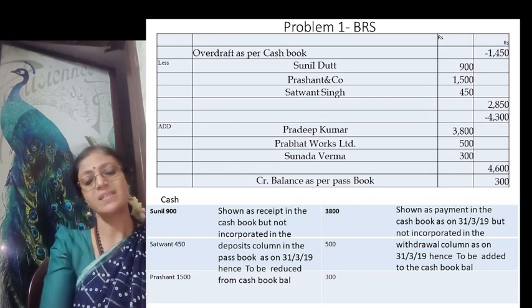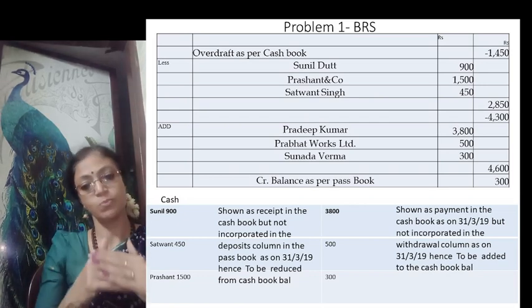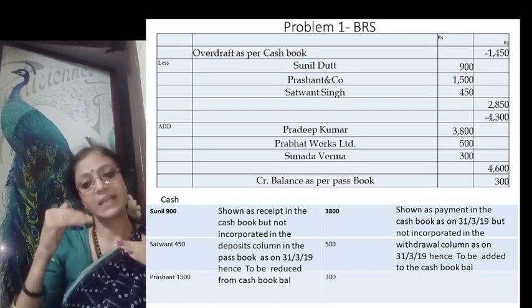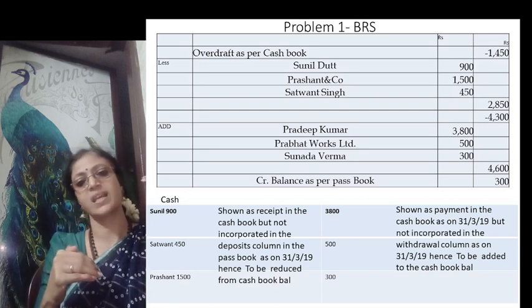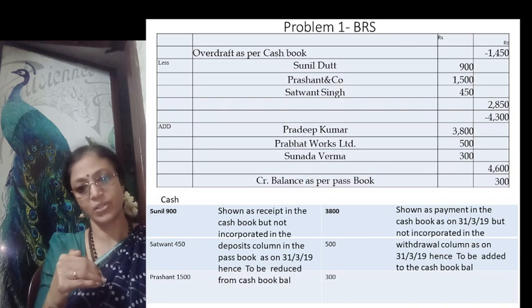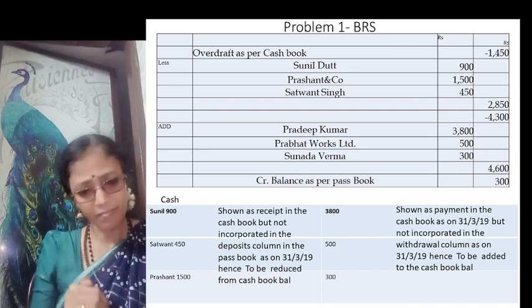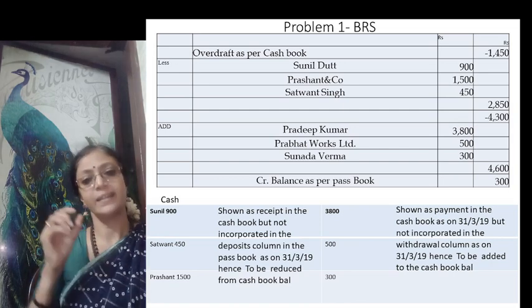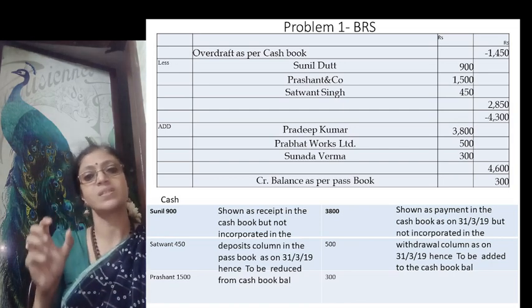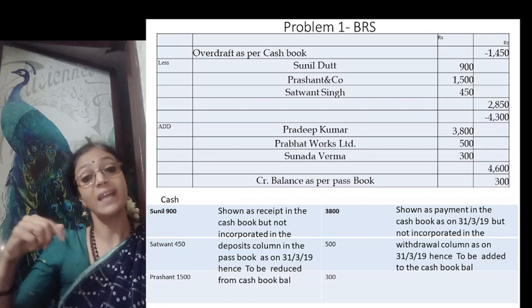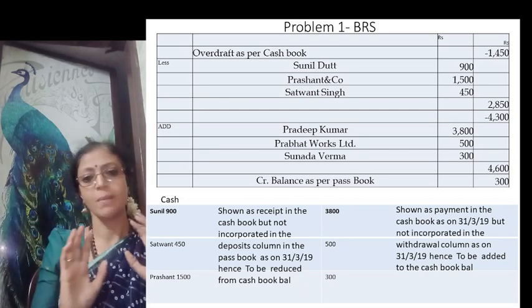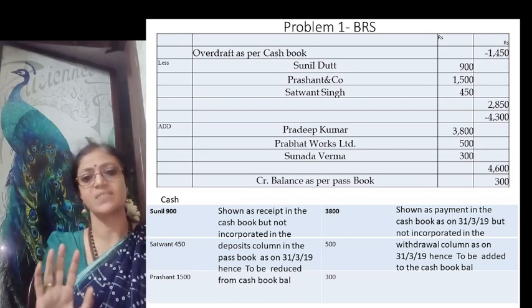So this makes it very clear that your cash book balance would have been lesser to the extent of 3,800, 500, and 300 as on 31st of March 2019. Therefore, these three amounts will have to be added back to the cash book, because we cannot make any adjustments to the bank passbook.